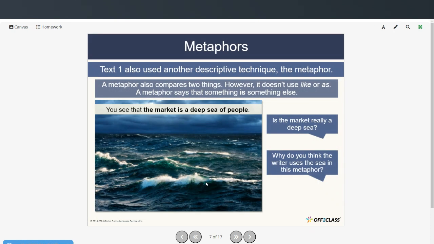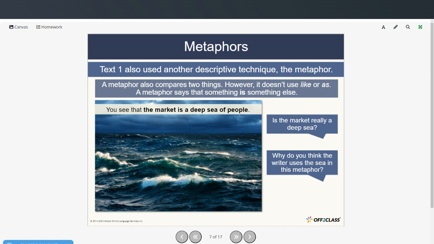Now, metaphor is another descriptive technique. A metaphor also compares two things, but it doesn't use like or as. A metaphor says that something is something else. You see that the market is a deep sea of people. Now, is it really a deep sea?